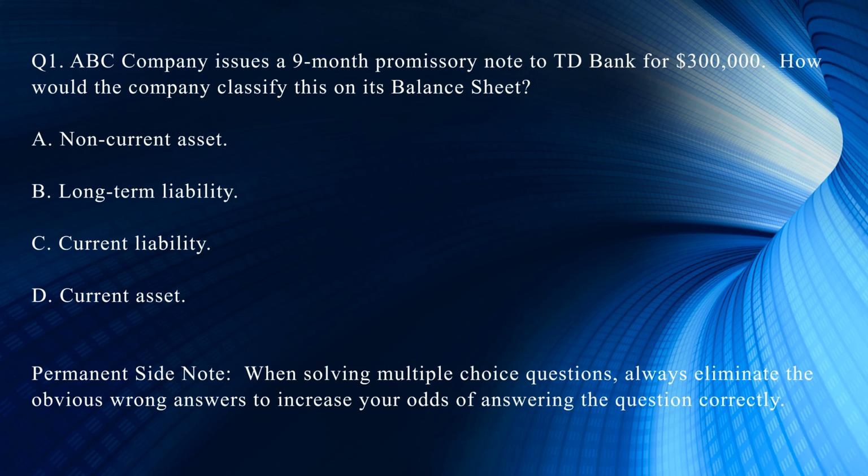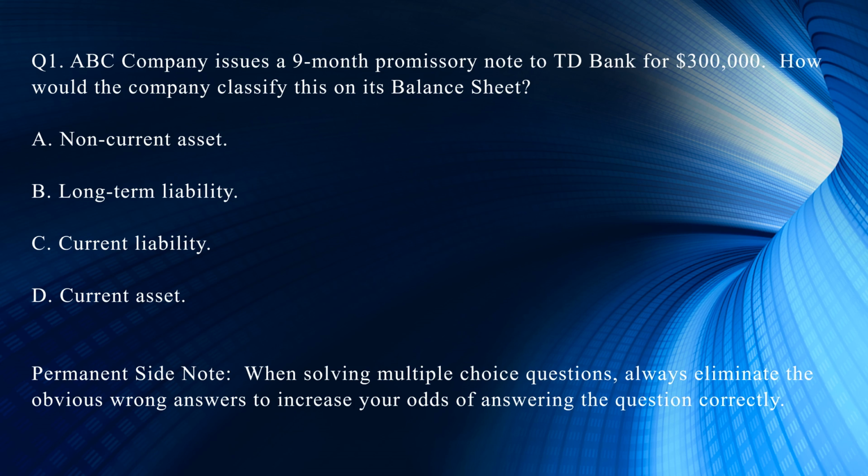It looks like a current liability to me because we're issuing the note to the bank for $300,000 and we have the anticipation of satisfying that liability within a time period that's less than 12 months. And as we know, any liability that the company or the person intends on satisfying within the 12-month period automatically gets the current classification.